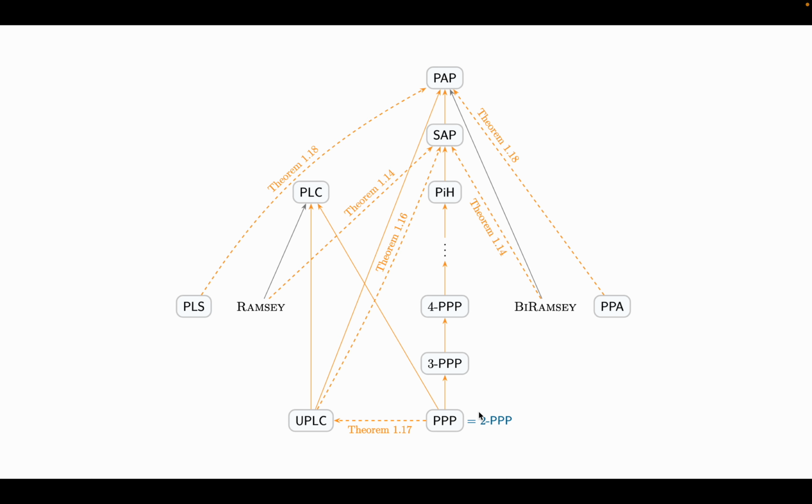And here's an image from their paper. What we call PMPPK, they call KPPP. And we have this hierarchy along the middle here, and they basically show a separation along every step of this hierarchy. They also show that this hierarchy is related to other TFNP subclasses.